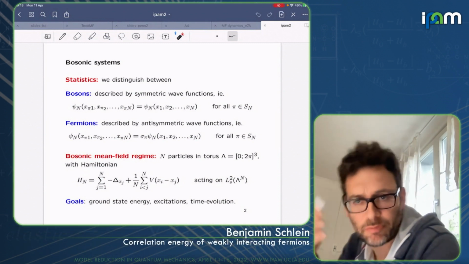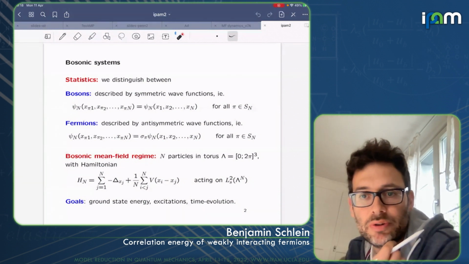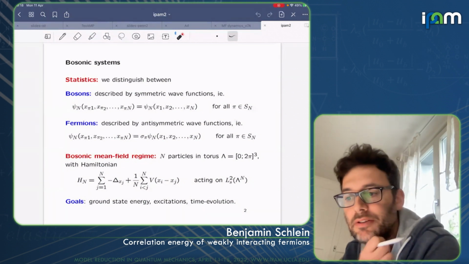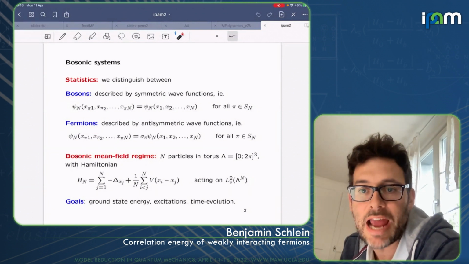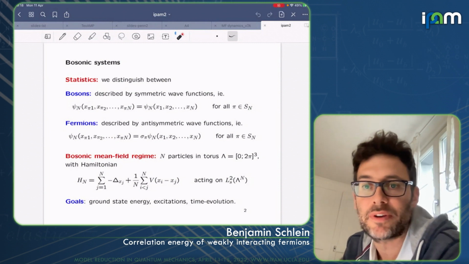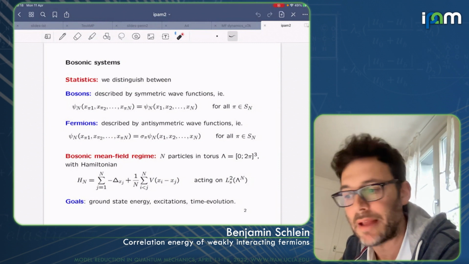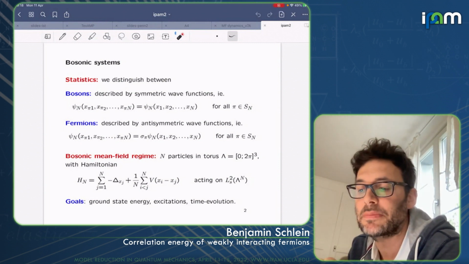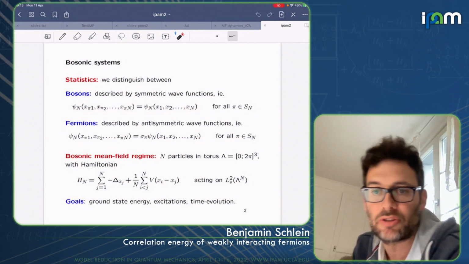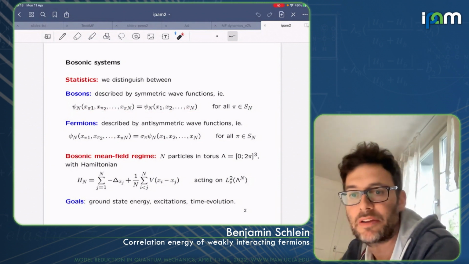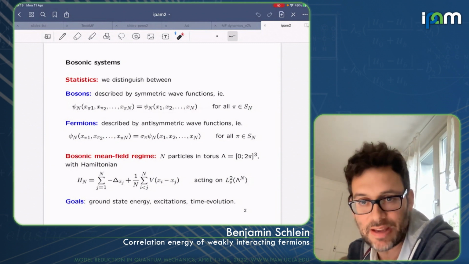So maybe before even starting, I should remind you that in nature there are two different types of particles, which are known as bosons and fermions, which are described by wave functions characterized by different symmetry, different statistics with respect to permutation of the N particles. Bosonic systems are described by wave functions that are invariant with respect to permutation. So if you exchange two particles, the wave function does not change its value, it stays the same.